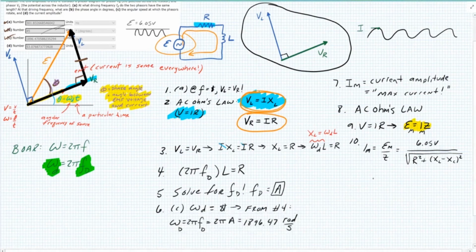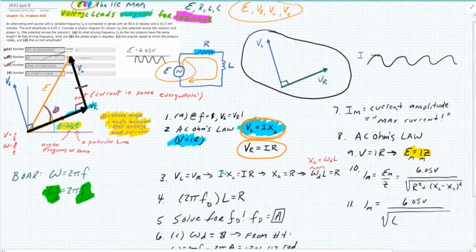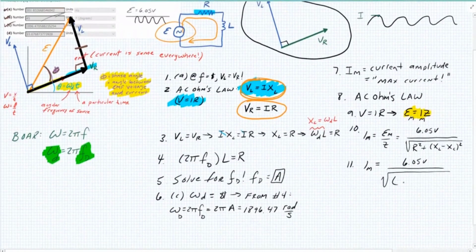Number 11. So the maximum current, the maximum value reached by my current going through the circuit, is 6.05 volts all over the square root of my resistor squared. For me, the resistor value is 80.6 ohms squared.